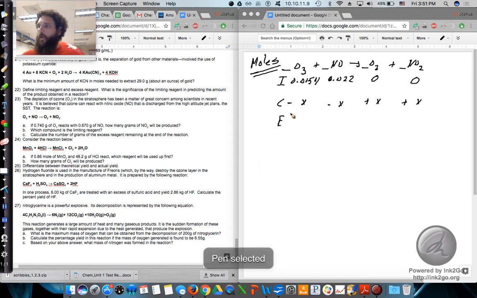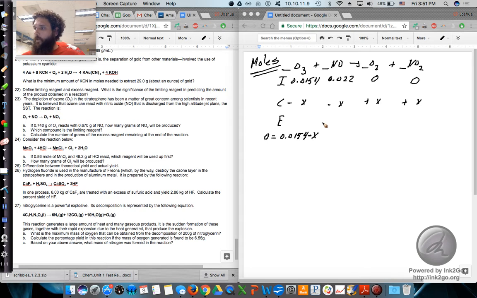Okay, what we end up doing is setting up an equation. We know that the limiting reactant is defined by whichever one runs out. So we say, well, this one would run out if we get to 0. So we say 0 is equal to 0.0154 minus x.